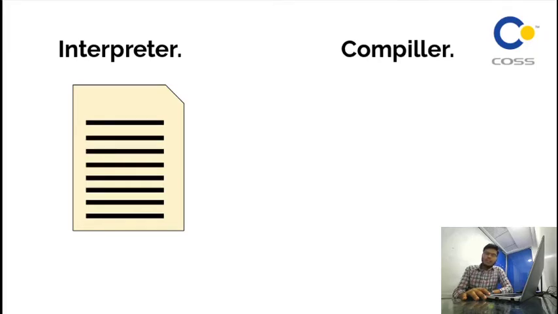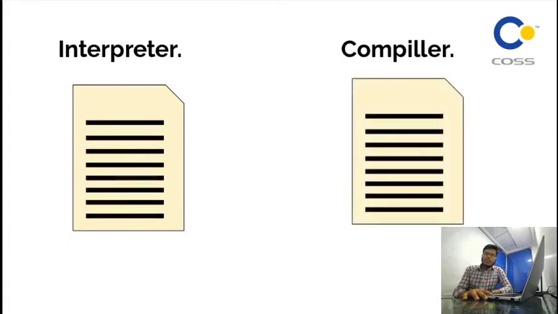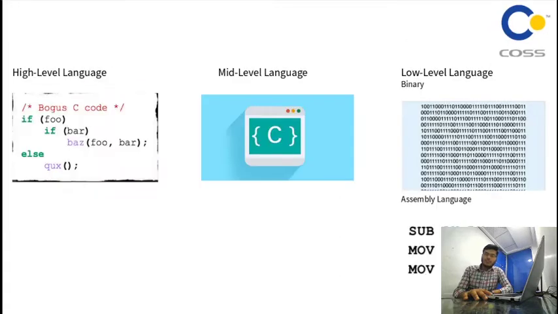Once I rectify line number 100, it will read the program and stop at the next error. Here the error detection and error rectification becomes easier. But the case with a compiler is a little different. A compiler reads the complete program in one shot and gives us a bunch of errors in one shot. But yes, a compiler is faster than an interpreter, whereas an interpreter gives us the flexibility of error detection and rectification.